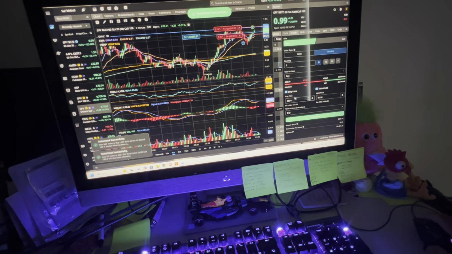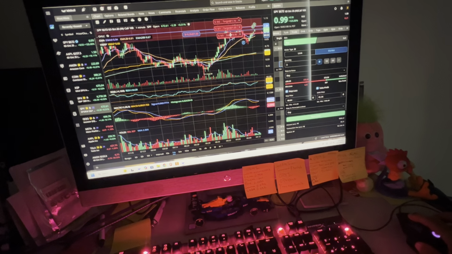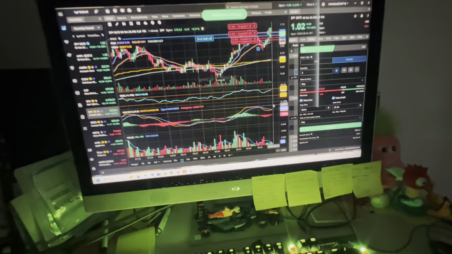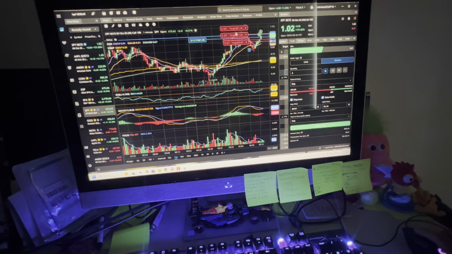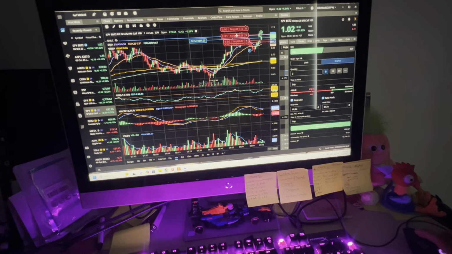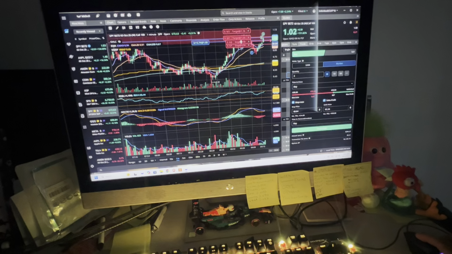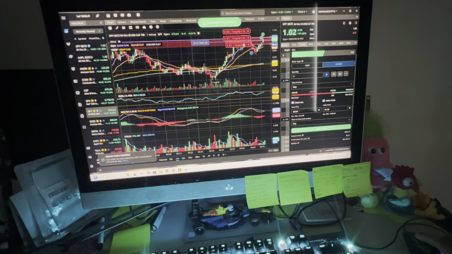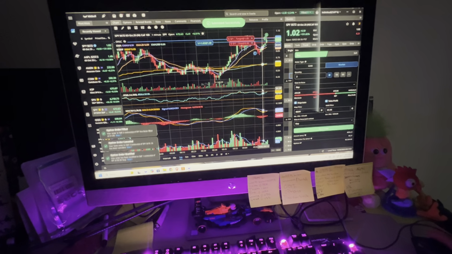$202. Bring it up to the upside, and there's my targets right there. If I wanted the target right there, and these are my 2 stop losses right here, I could just trail it up as I'm moving up with the stock, and that's what's going to be taken.